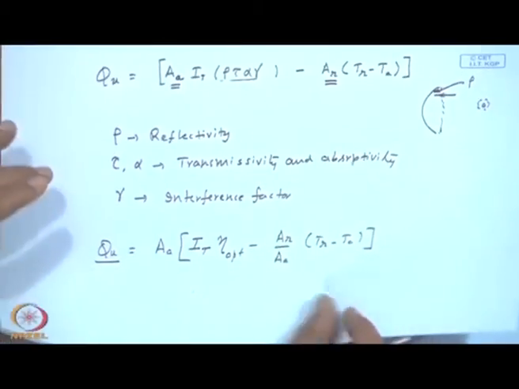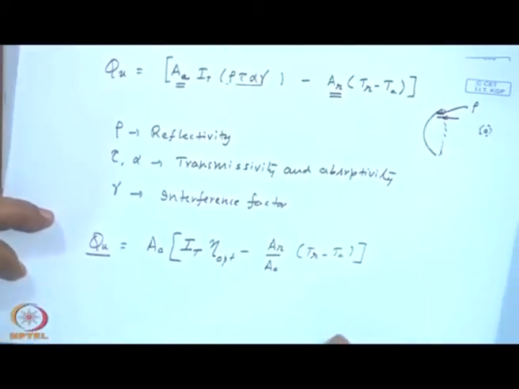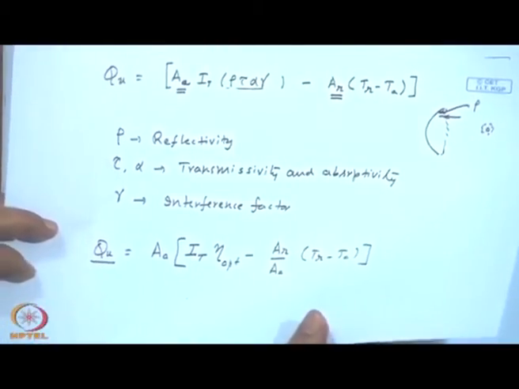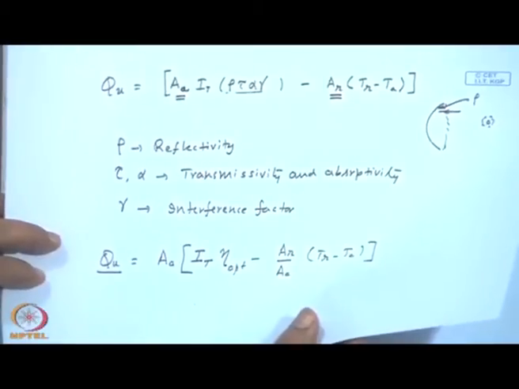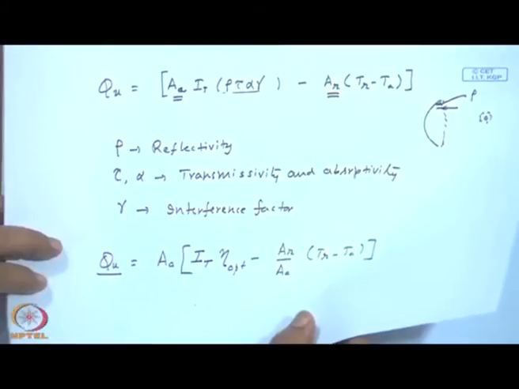So, this is written like this, except this eta optical is something, and IT I need to evaluate on a different basis depending upon how this concentrating collector is tracked with respect to the sun's position.